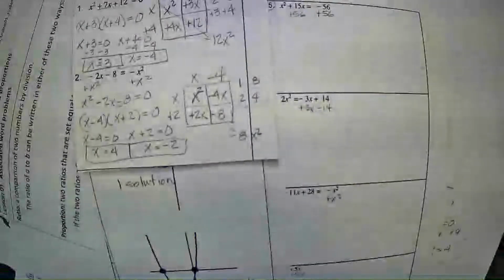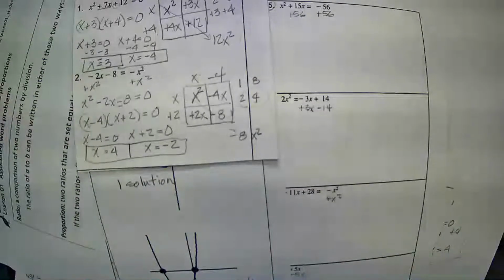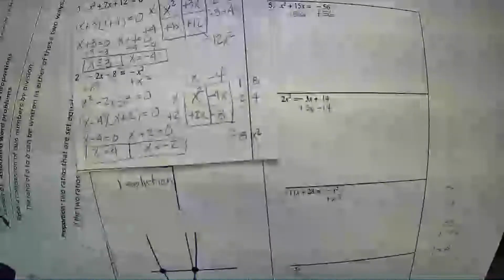So negative 3x, negative 6x. So x times what would give you that negative 6x? Just the x. x times what gives you the 6x? This is a one, right? One times one is so six should go.